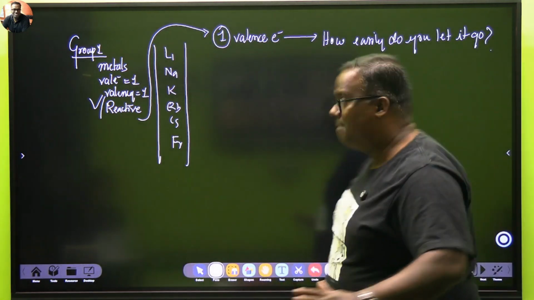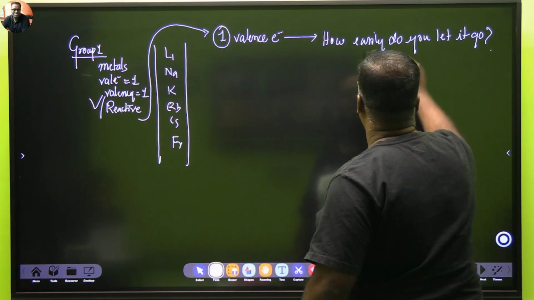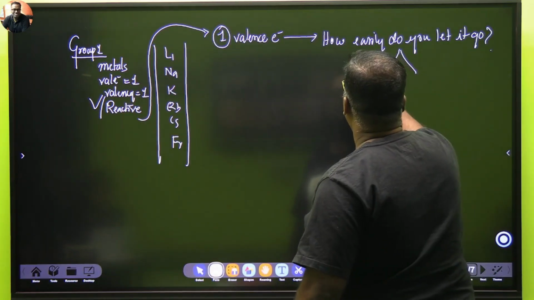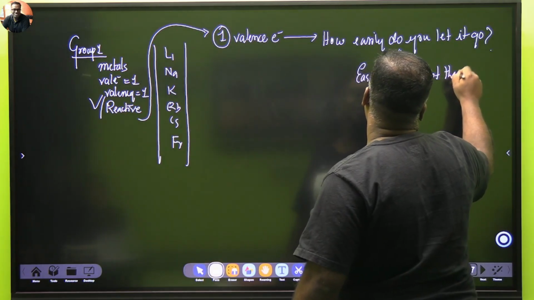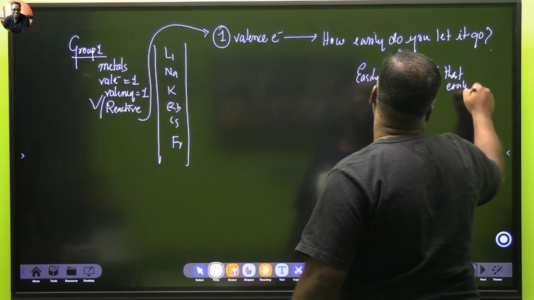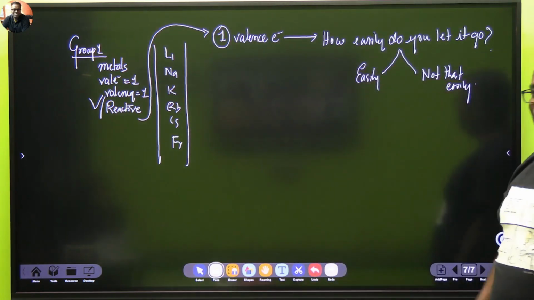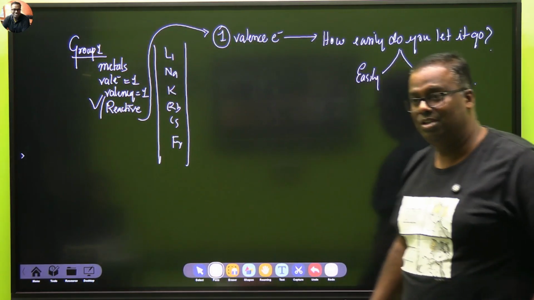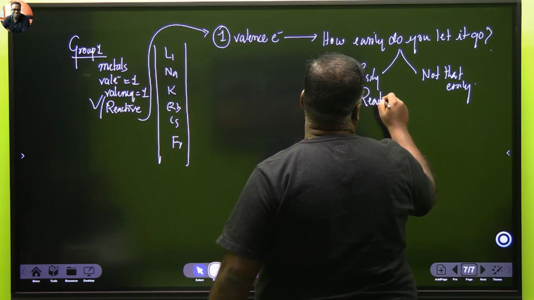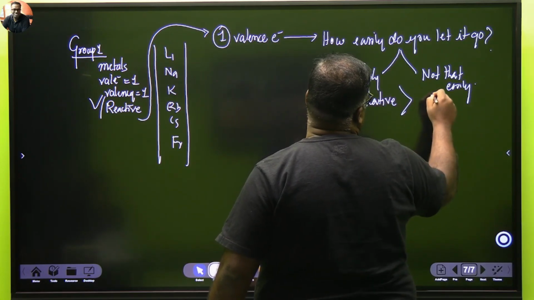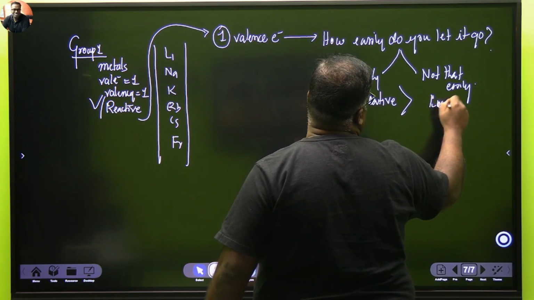Okay, now the question arises: easily, or not that easily. Is this understood now? If you let go easily, are you reactive or non-reactive? You are reactive. That means whoever lets go easily is more reactive as compared to this one, which is less reactive.